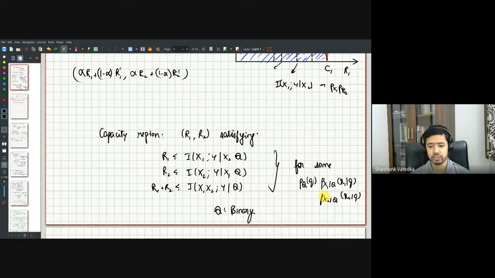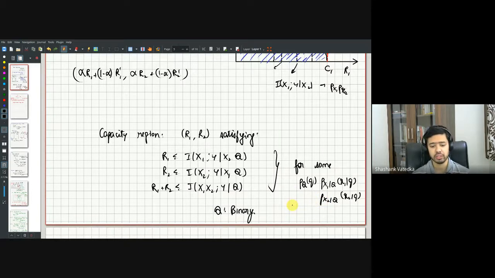So that makes our job easier in trying to find the capacity region. So now your search space consists of distributions over the binary alphabet and conditional distributions corresponding to the input alphabets X1 and X2.